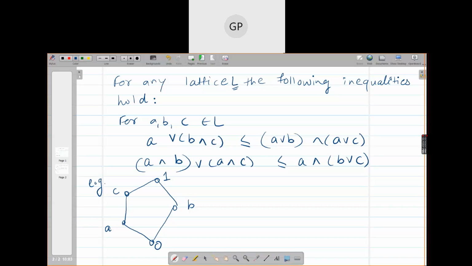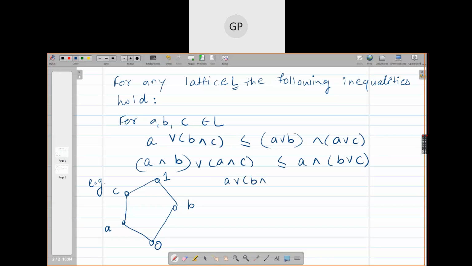Now this is less than or equal to. That means the left hand side can be strictly less than the right hand side, or at most equal to the right hand side. But the left hand side will not be greater than the right hand side. Please remember this.